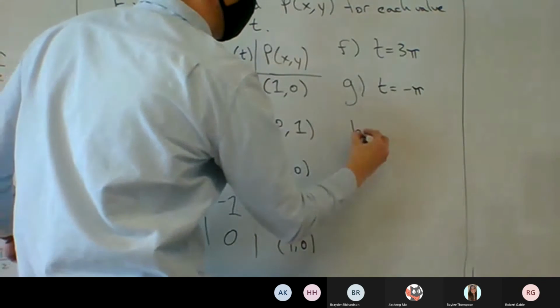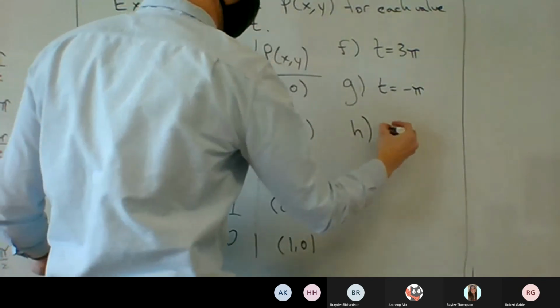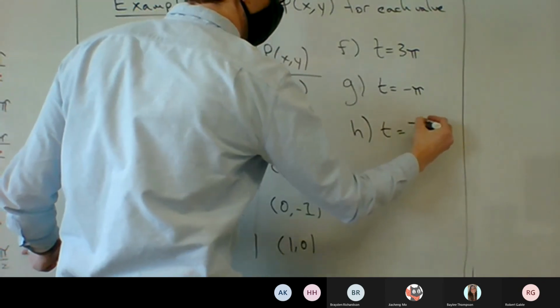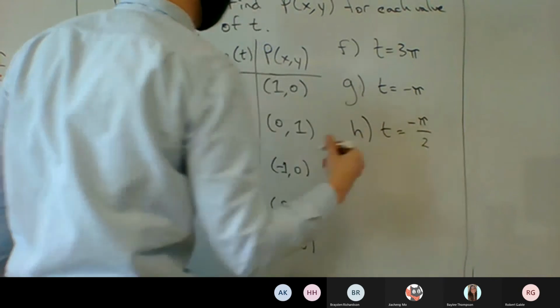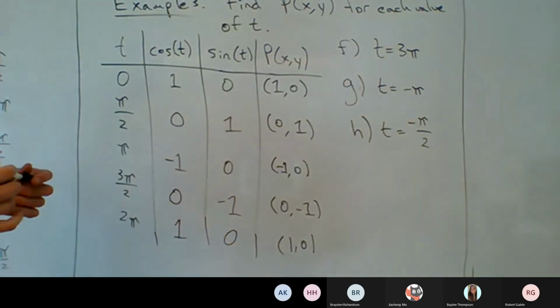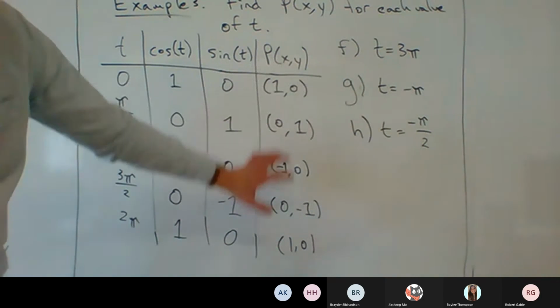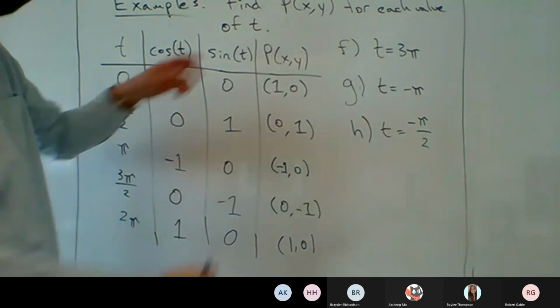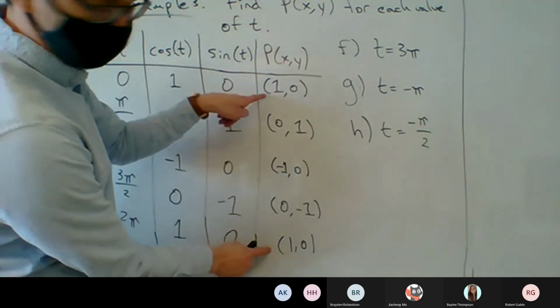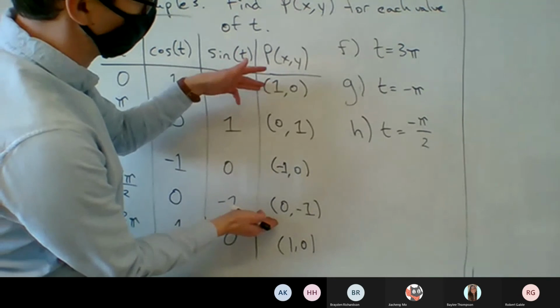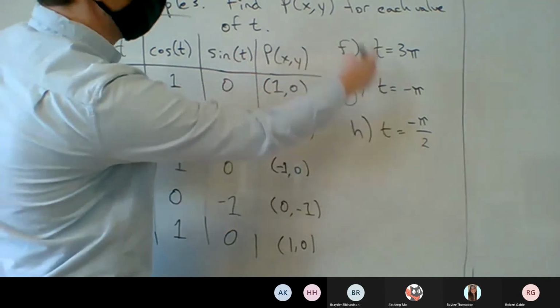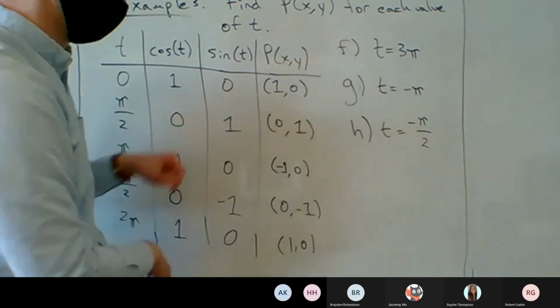And h is t equals -pi on 2. So that one goes clockwise as well. And it'll be one of these 4 coordinate points. I'm saying only 4 coordinate points because this one is a repetition of this one. So each of these will be one of these 4 coordinate points.